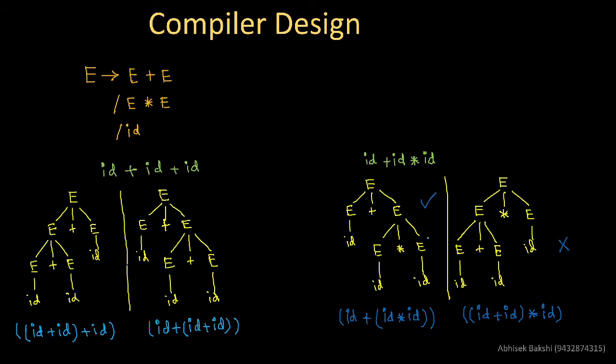For example, if I say that star has higher precedence over plus in this particular grammar, another thing we can consider is that plus is left associative.